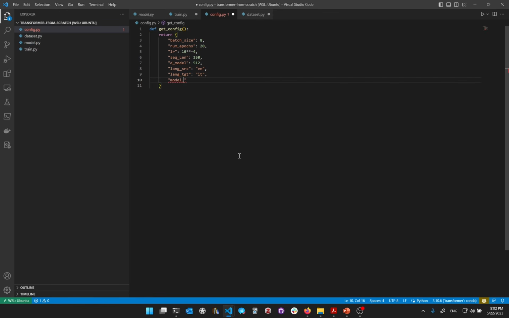We will save the model into the folder called weights, and the file name of the model will be tmodel, so transformer model. I also built the code to preload the model in case we want to restart the training after maybe it crashes.